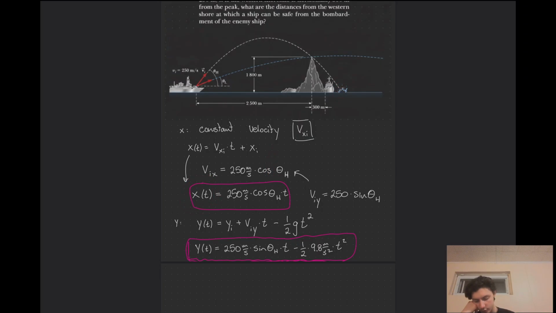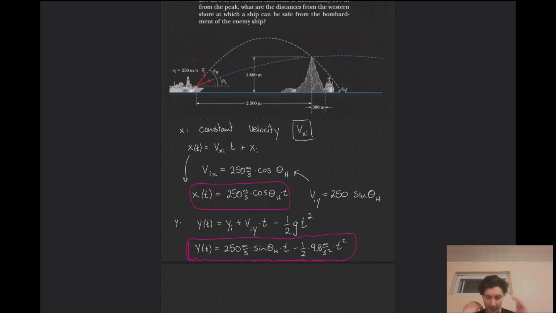And then our answer will just be, oh, from this point here, which is 1200, 2500 plus 300 meters from x equals 0. From this point all the way to this point, which again we pull out from here, that is the safe zone.